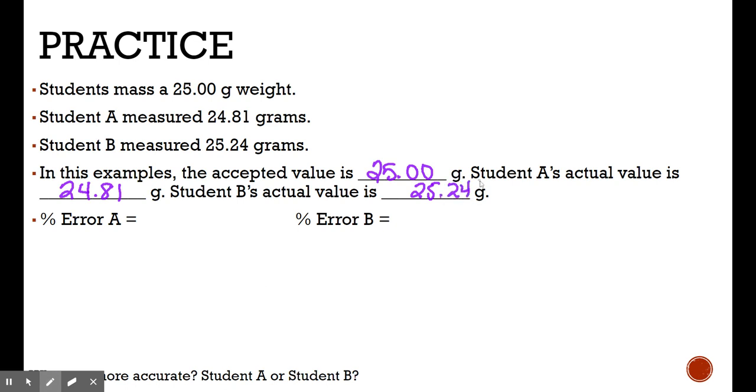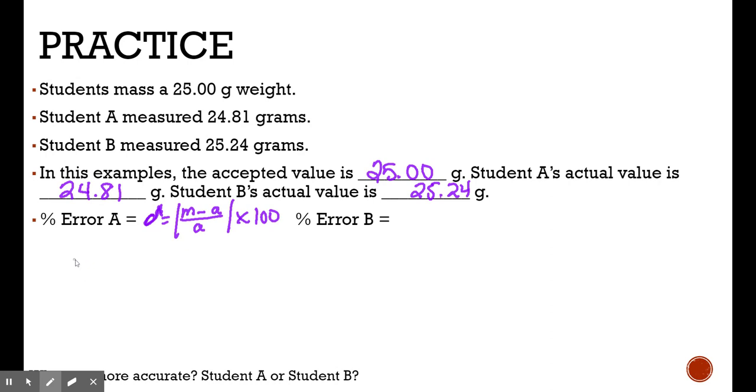All right. So first we write out our equation. Percent error equals the absolute value of the measured minus the accepted divided by the accepted times 100.